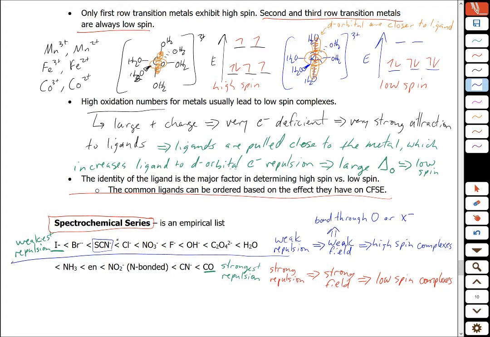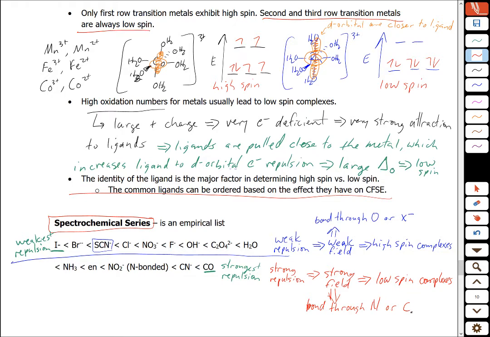Iodide, bromide, chloride, nitrate, fluoride, hydroxide, oxalate, water, all of those ligands either bond through the oxygen or they bond through the halogen. Those are weak field ligands. Strong field ligands bond through nitrogen or carbon.